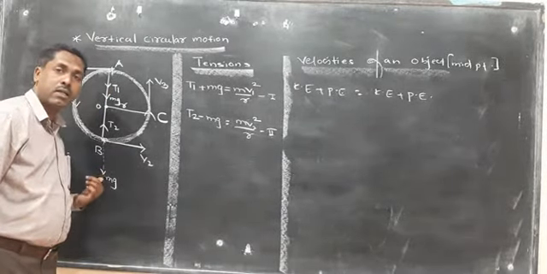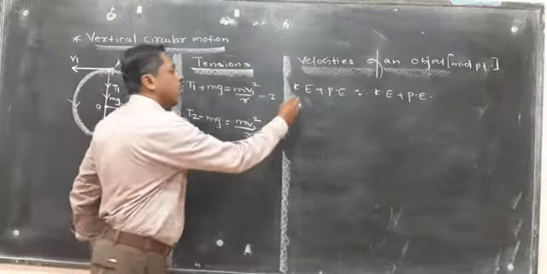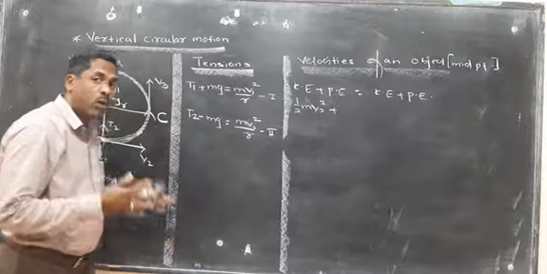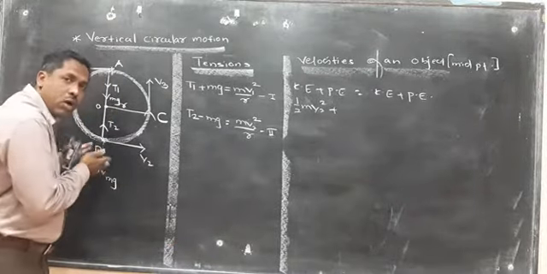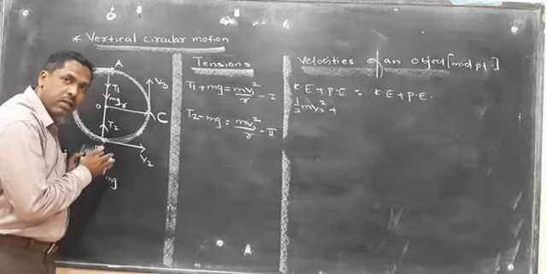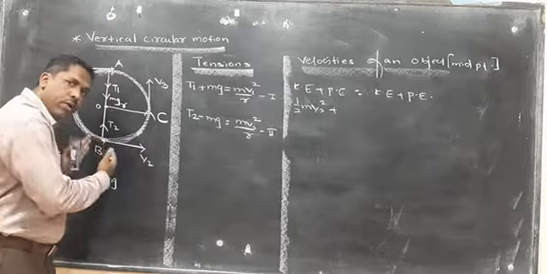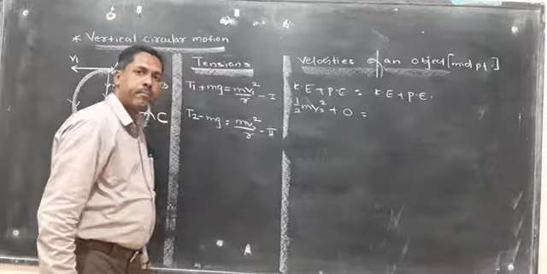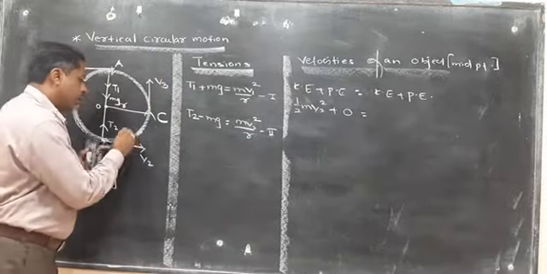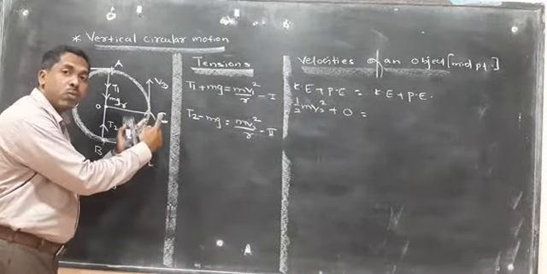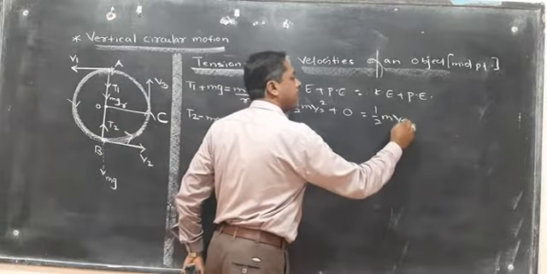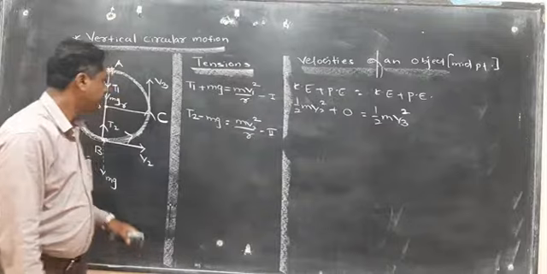What is the kinetic energy at the lowest position? 1/2 m v2 square plus what is the potential energy? It does not remain static here, it is not constant, it is moving. So potential energy here is zero. Where is it moving? It is moving to the center point C. It has certain kinetic energy, 1/2 m v3 square.